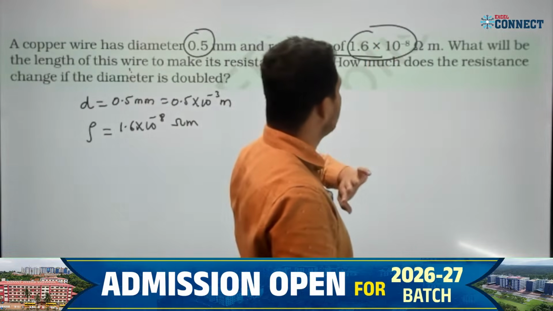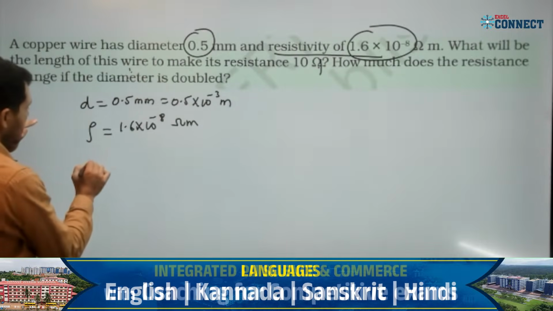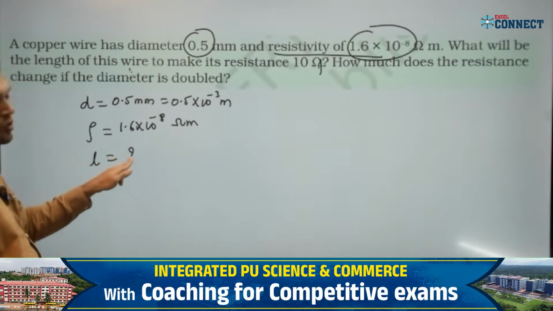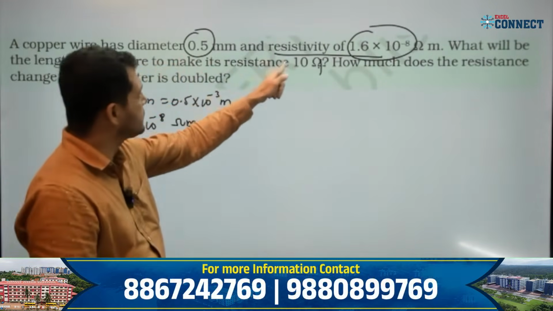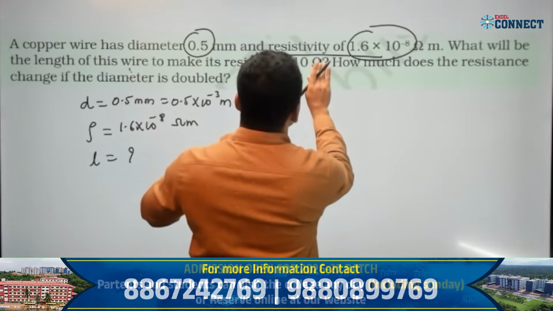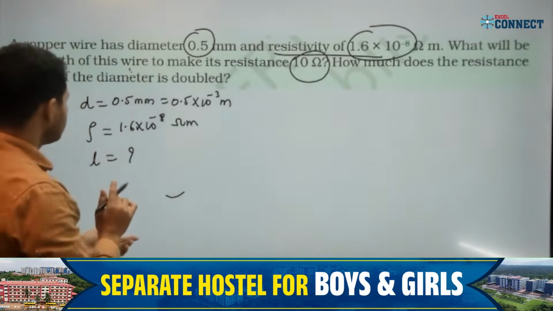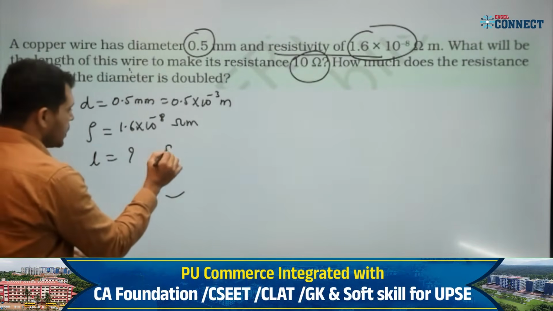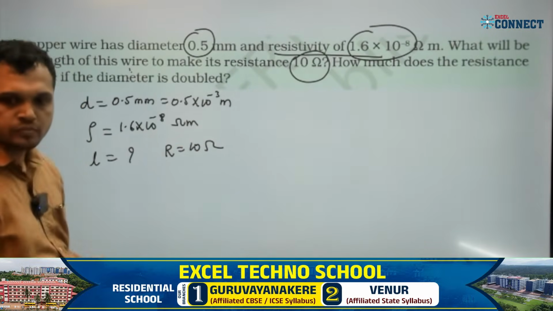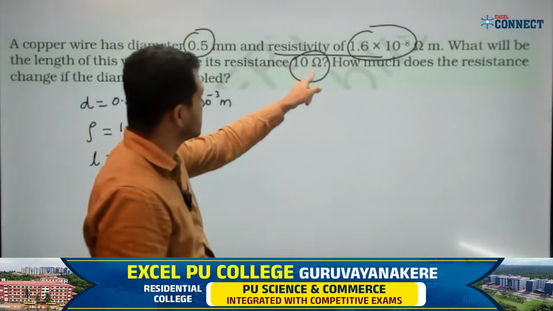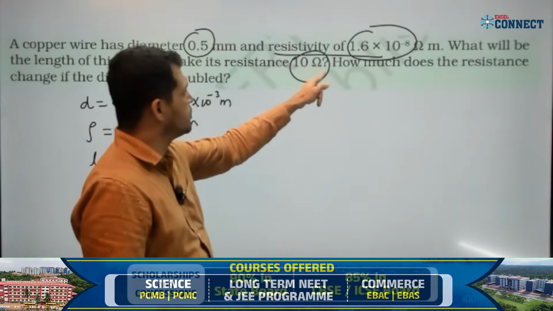What will be the length of the wire to make its resistance 10 ohm? The resistance value R is 10 ohm. To get 10 ohm resistance, what will be the length of this wire?